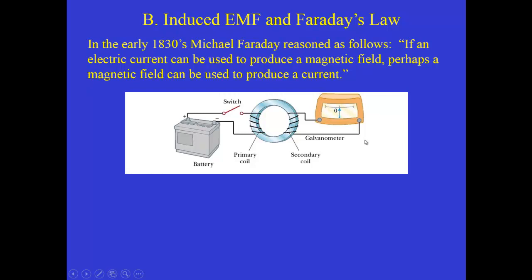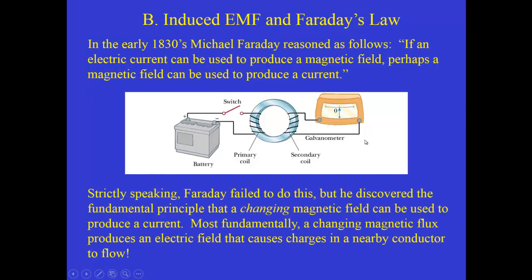So even though we have to say, strictly speaking, that Faraday failed in his idea, he did discover the fundamental principle that a changing magnetic field can be used to produce a current, because this experiment showed that when you close the switch, or for that matter, if it's already closed, when you open the switch, the field passing through the secondary coils would change, and that changing magnetic field, while it was changing, led to a deflection in the galvanometer needle.